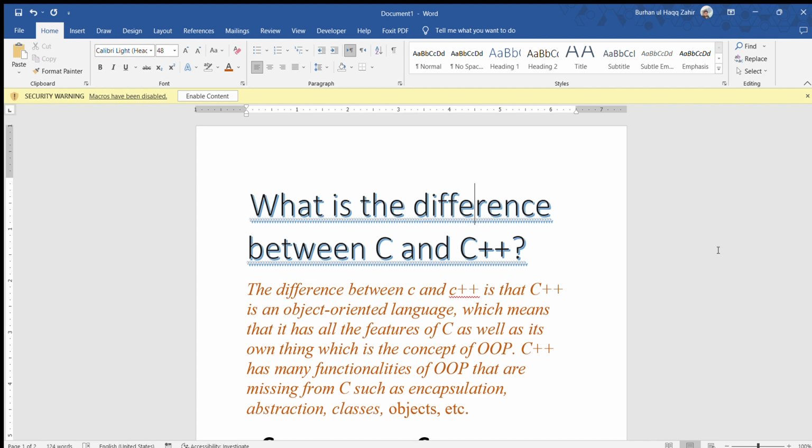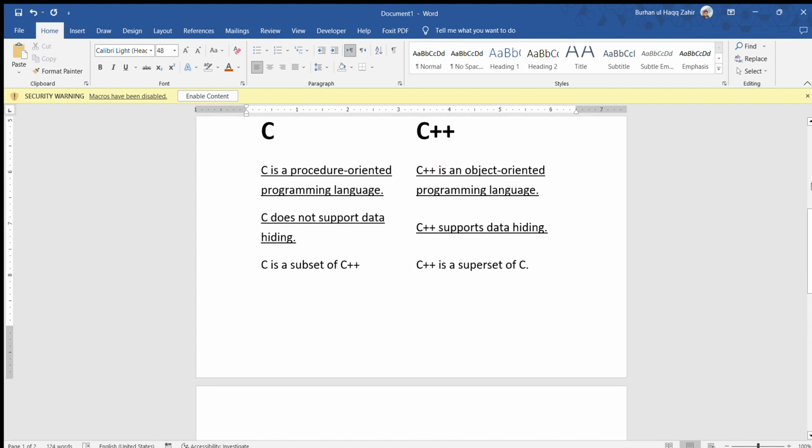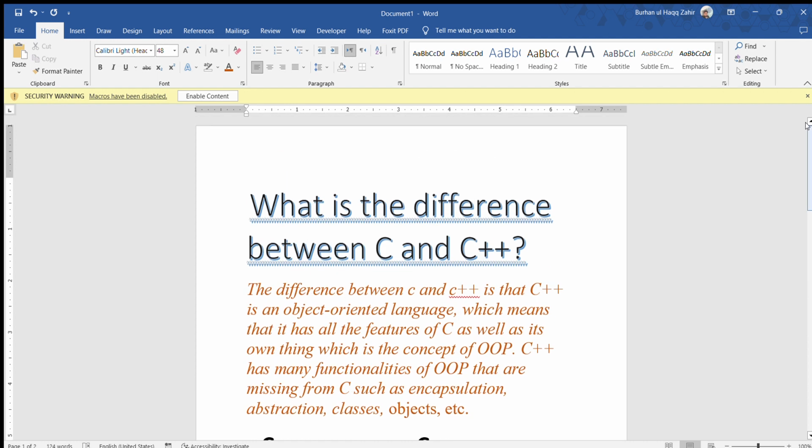You know that the most interesting way to learn is to learn the difference. This is the question that we have to ask: what is the difference between C and C++? We know that both are languages, and let's start with the further discussion.